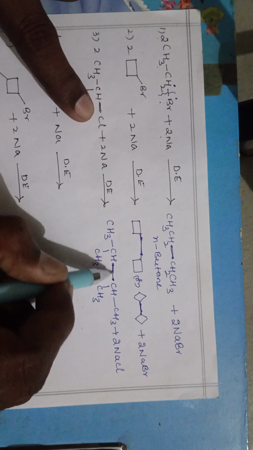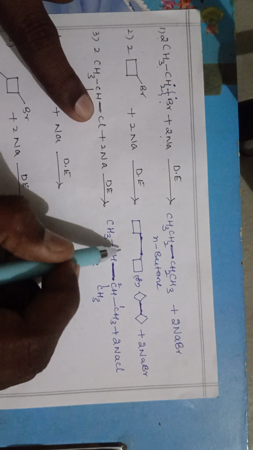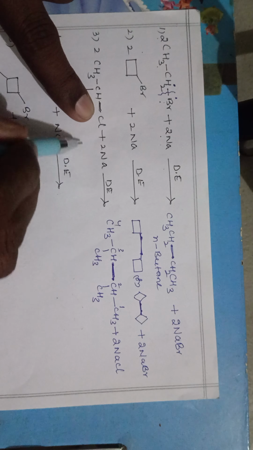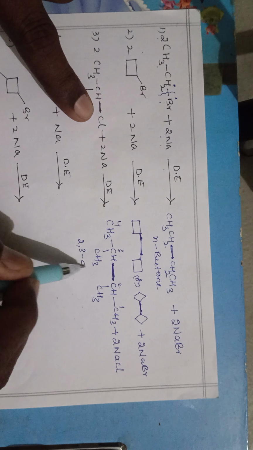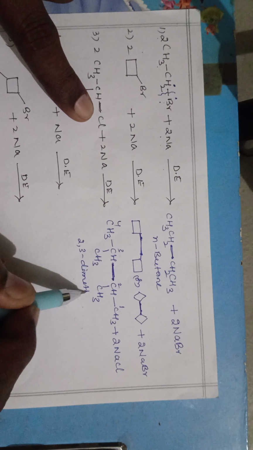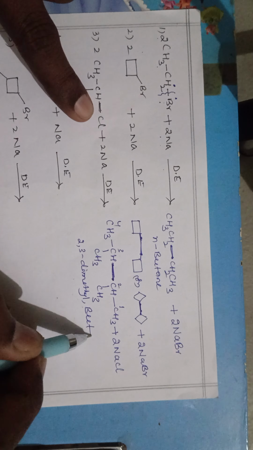Between these two the bond forms. So naming: 1, 2, 3, 4; 2,3-dimethylbutane.